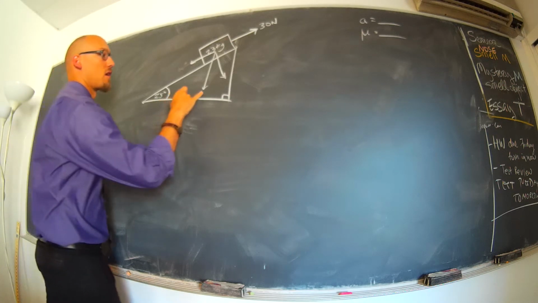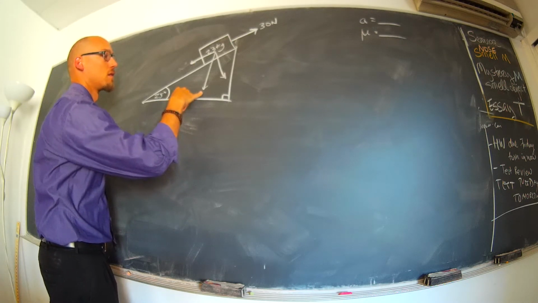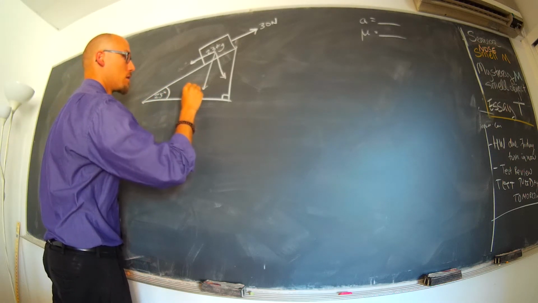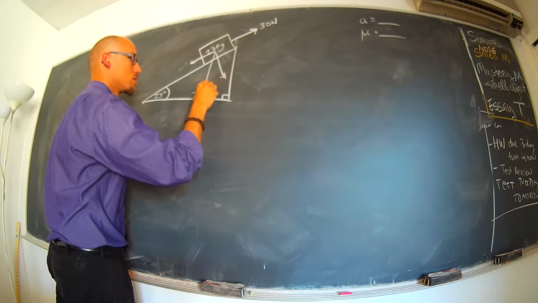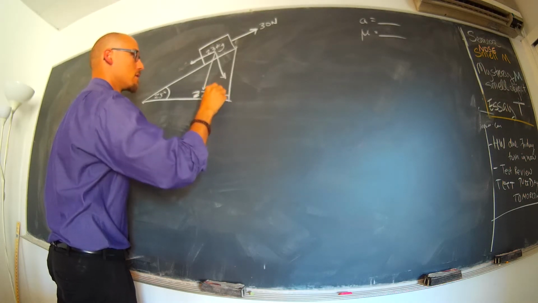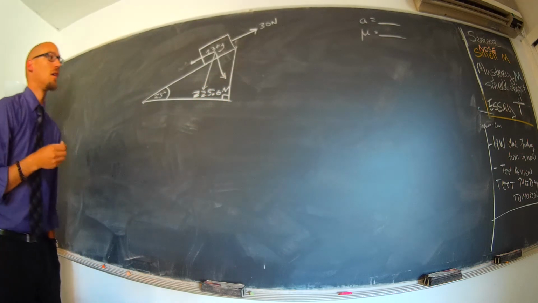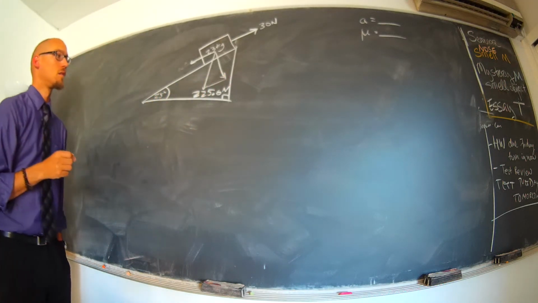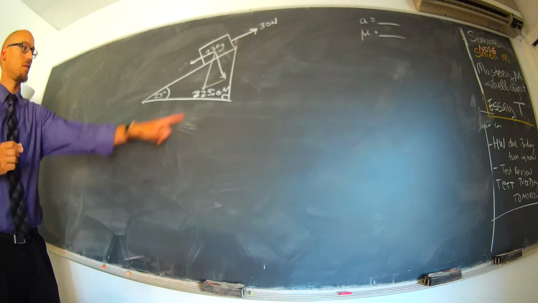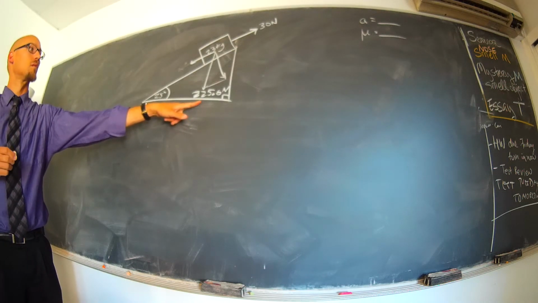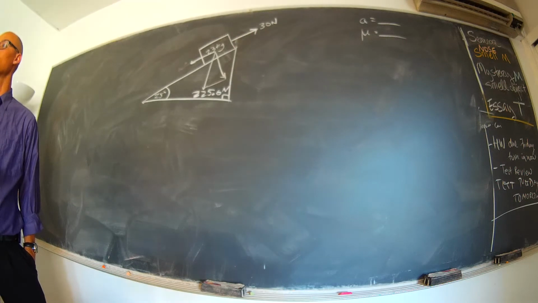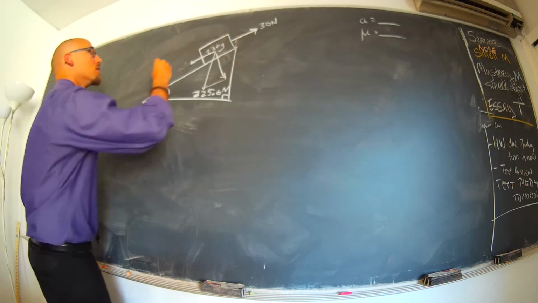So what is our force? Oh, 23 times 9.81. 225.6. All right, so then sine of 25 times 225.6. 95.3.